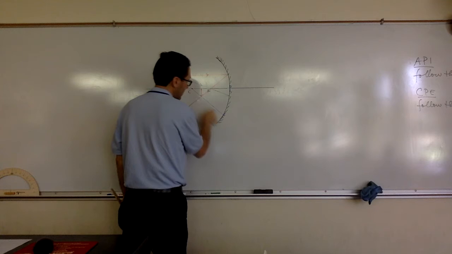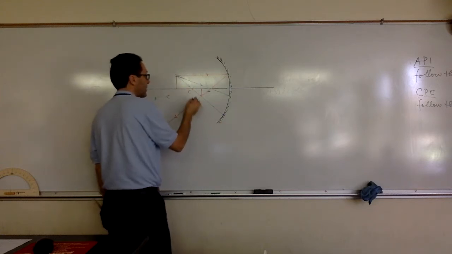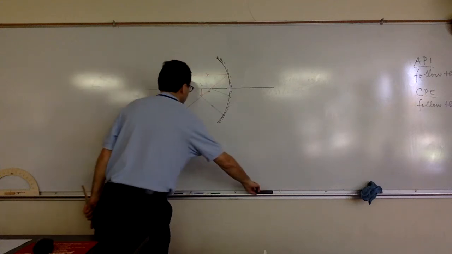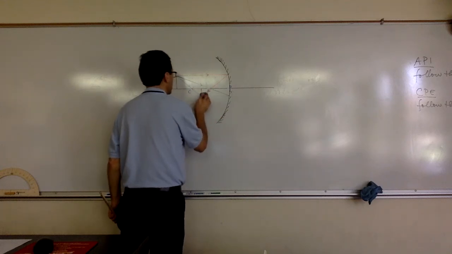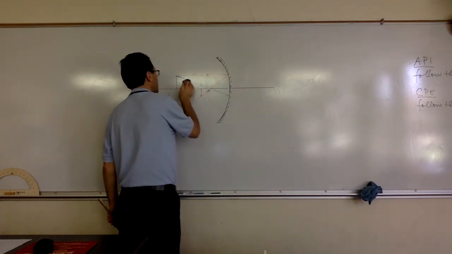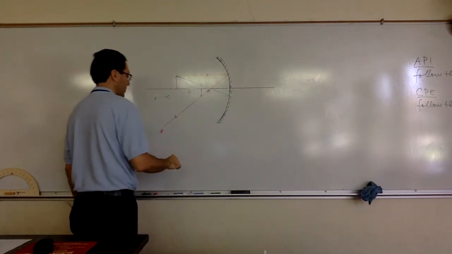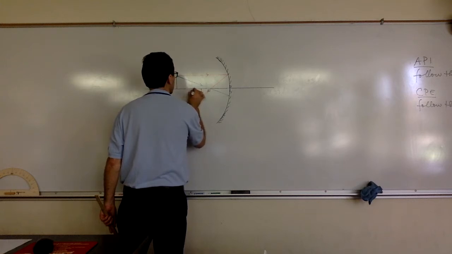So you're hitting the mirror at an angle of 0 degrees, you're going to bounce back at an angle of 0 degrees. So you go at 0, you bounce back at 0. Okay. So I'm going to erase this. There's no need for it. So I'm just going to stick with these 2 ideas, parallel to focal point, focal point to parallel. But feel free to go through the center and bounce back the same way.